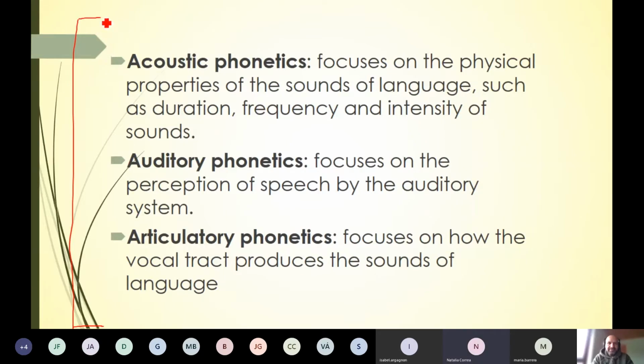Acoustic phonetics focuses on the physical properties of the sounds of language, such as duration, frequency, and intensity of sounds. Auditory phonetics focuses on the perception of speech by the auditory system.